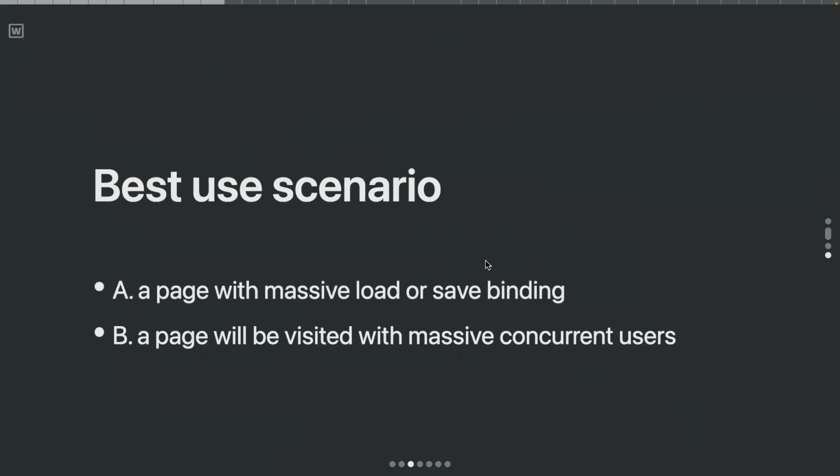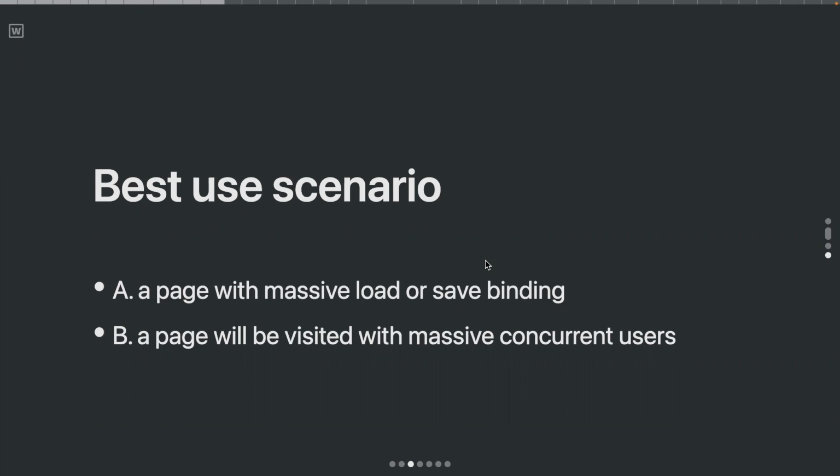So the best use scenario is when one page has lots of load and save bindings, then you will create lots of binding and tracker nodes. So that's a good case where you can turn that part into client MVVM.